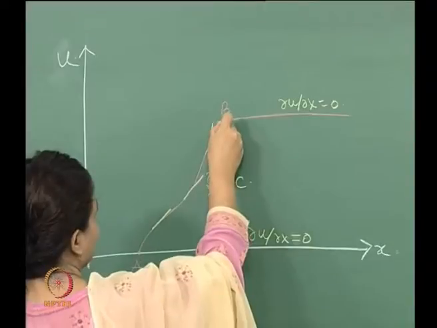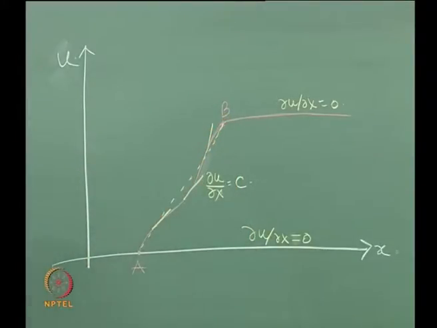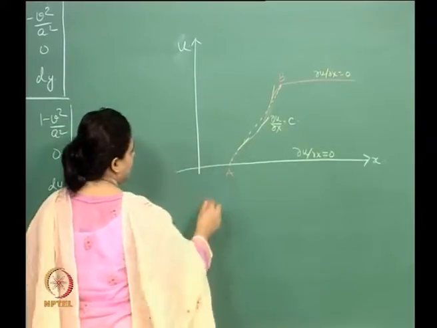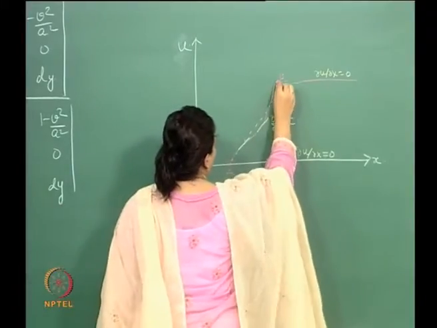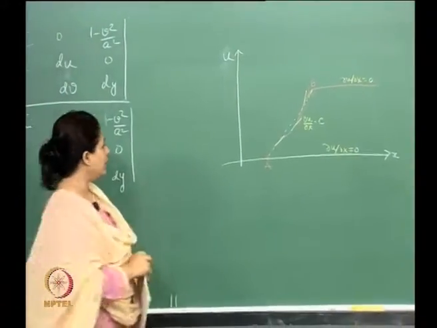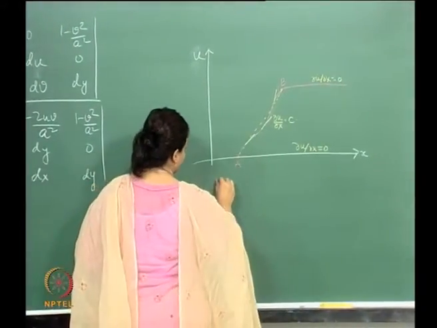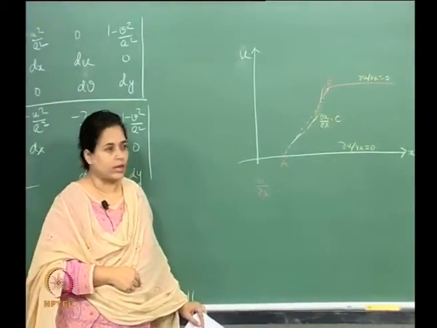In that case, basically we can have a straight line, something like this. Now, as you can see, at this point A and B, the derivative is not uniquely determined, right.